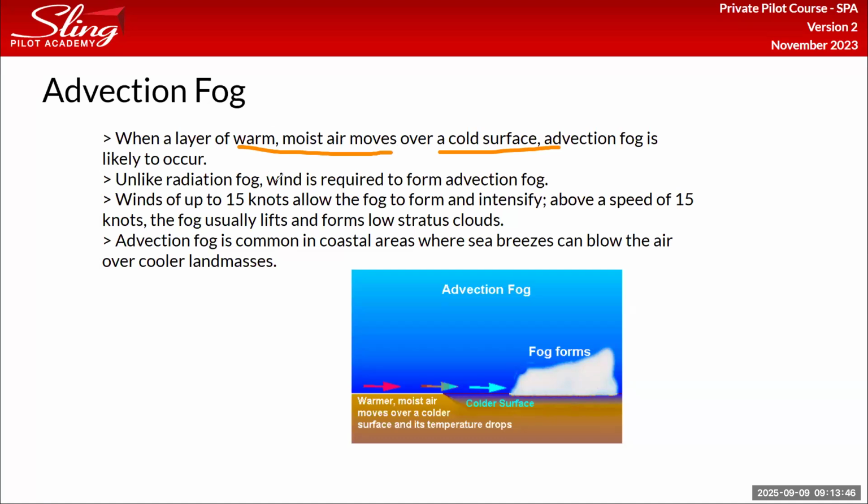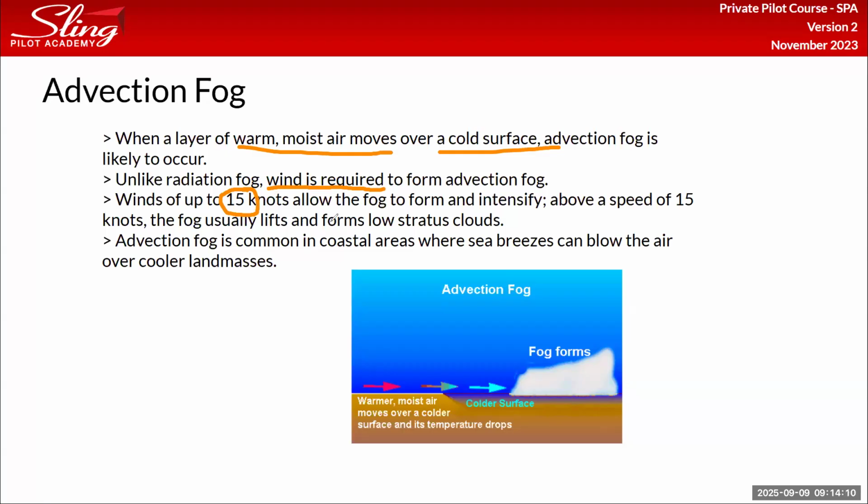So, unlike radiation fog, also important, wind is required for advection fog because that wind has to push the air mass from the water over onto land. So 15 knots is what we're looking for. 15 knots is a common sea breeze that you get from the ocean.